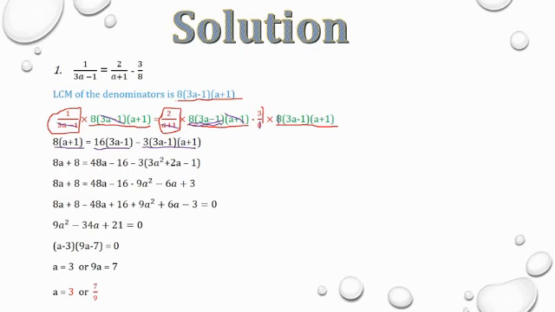On our left hand side we've got 8a plus 8, and on the right, 48a minus 16 minus 3a squared plus 2a minus 1. And then if you open the remaining two brackets, we then have 9a squared minus 6a plus 3.